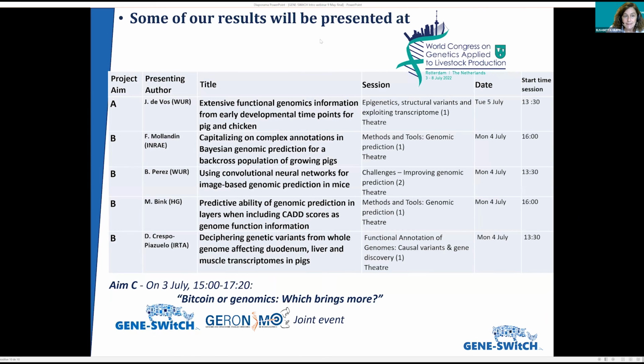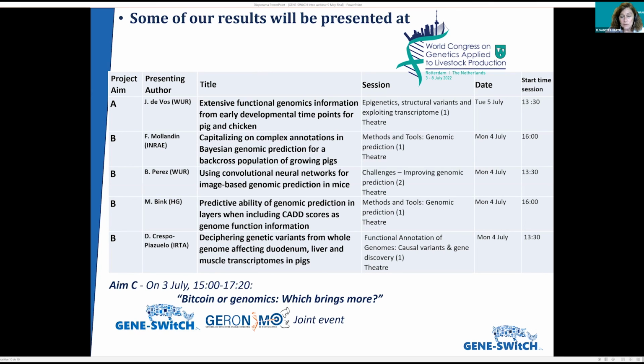And this is my last slide. I wanted just to remind all of you, for those who come to Rotterdam, to attend also our talks that I put in here for each project aim. There will be one for project aim A, which will be a big summary of what we do for the annotation and the analysis so far in pig and chicken.